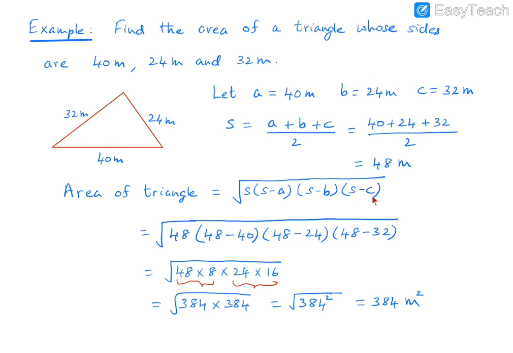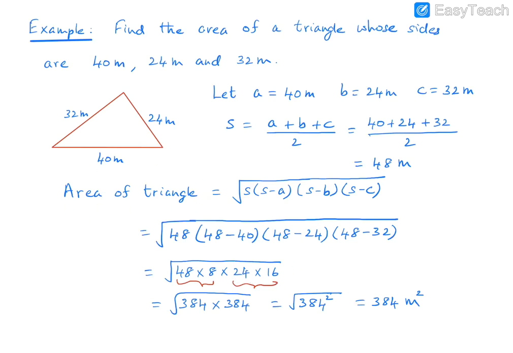And s is 48, and s minus c is 48 minus 32, because c is 32. So now we have 48 into 8 (48 minus 40), 24 (48 minus 24), and 16 (48 minus 32).